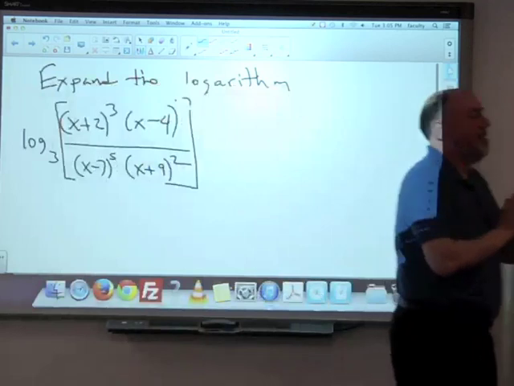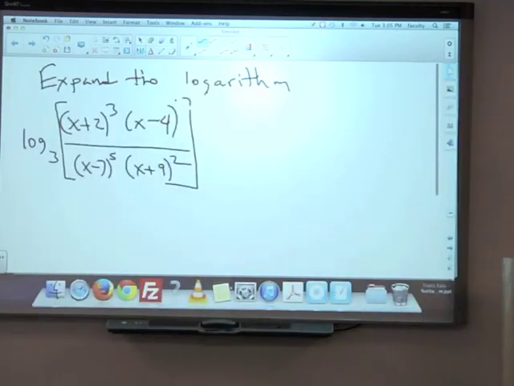I'm going to expand this out. Is that dot part of it? That's just part of the bracket. That is just the pen being the pen and the board being the board. Yeah, the dot is just a stray mark.